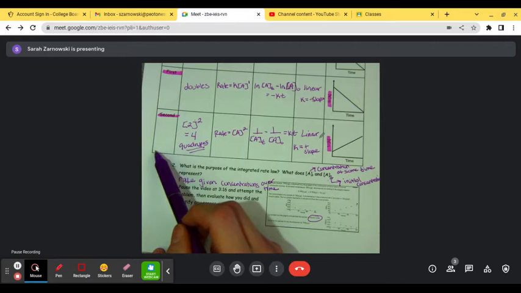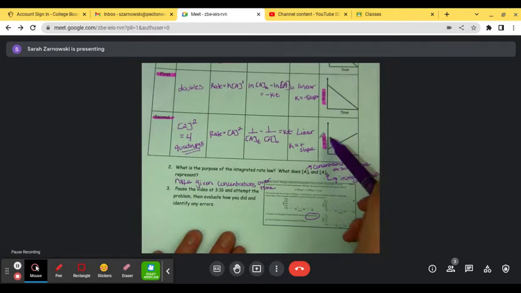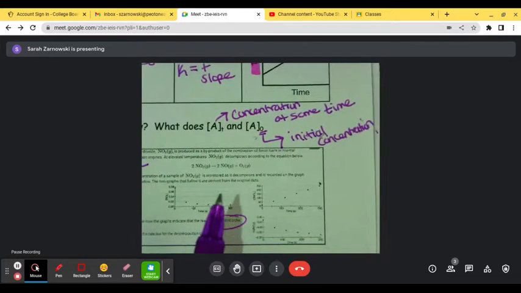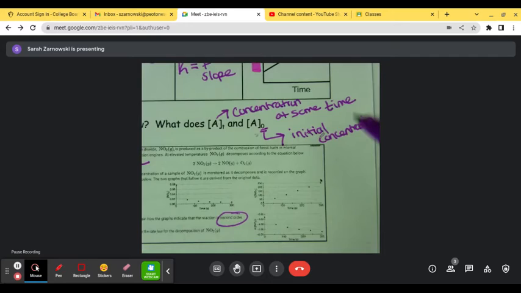Also, for second order, our unit should be 1 over a concentration. So if I look at all my options, this graph is the only one that has a linear line with a positive slope. So this graph right there.